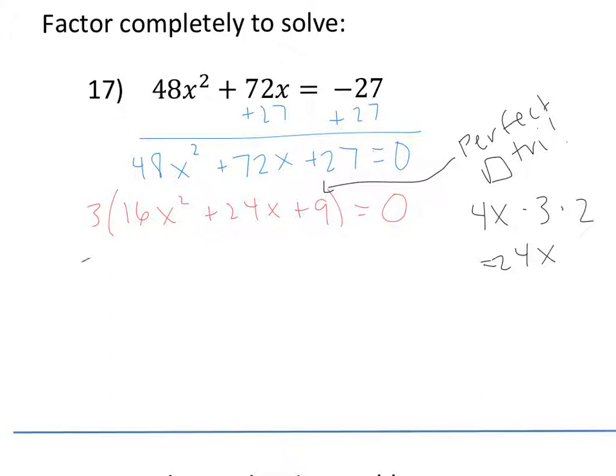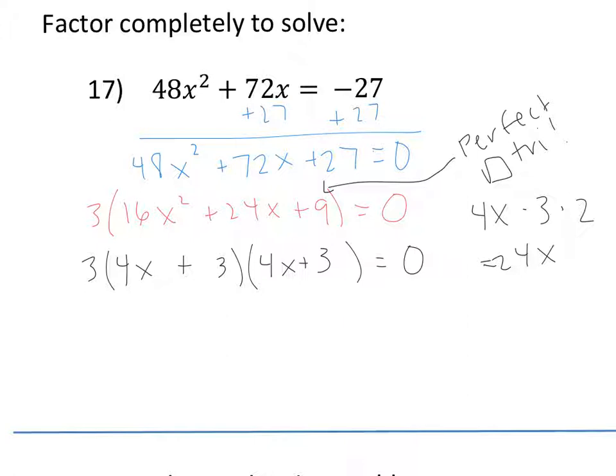So I can write down 3 again, put in my two binomials. They're going to be the exact same: the square root of 16x squared is 4x, the square root of 9 is 3, and since my middle term is positive, they're both going to have addition signs.